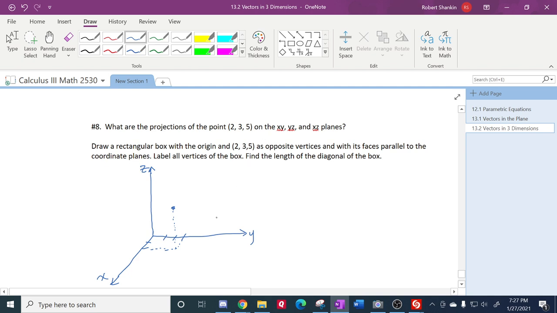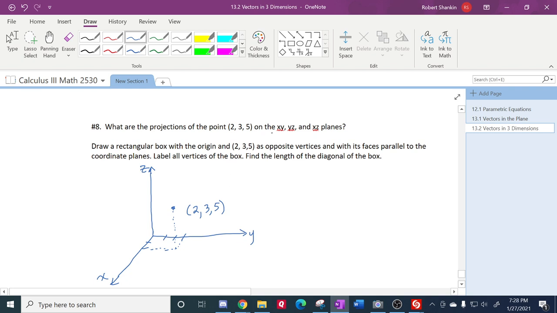Okay, group 1. What in the world does this stuff mean? Rowan put 2, 3, 3, 5.